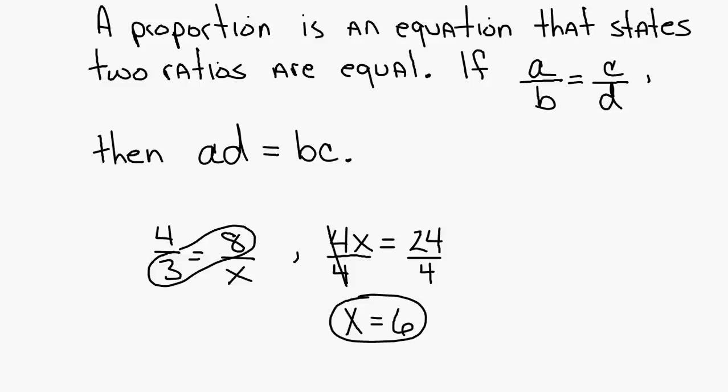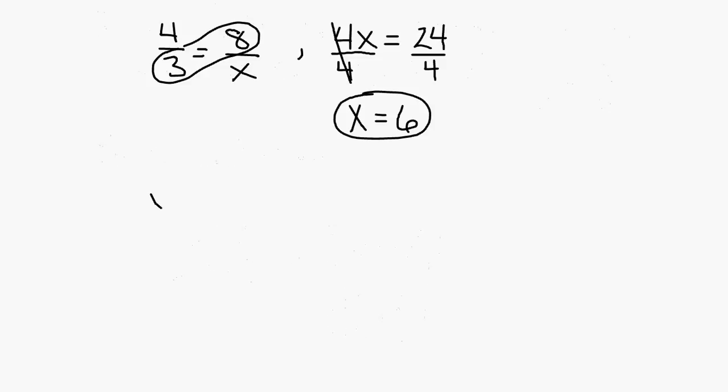If you are given that y over 3 is equal to 3 over 5, again, you're going to crisscross multiply. So you take the y and you multiply it by the 5, and that's equal to 5y.